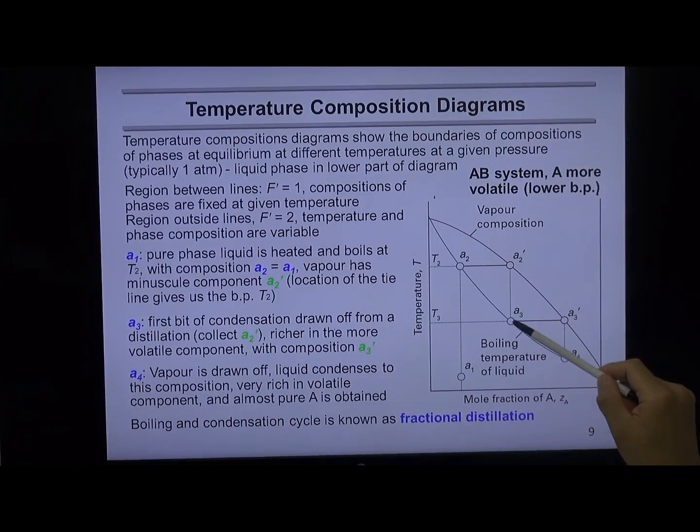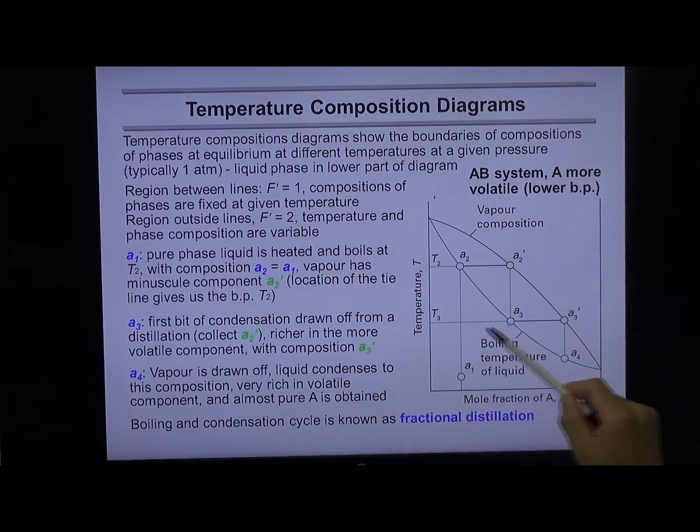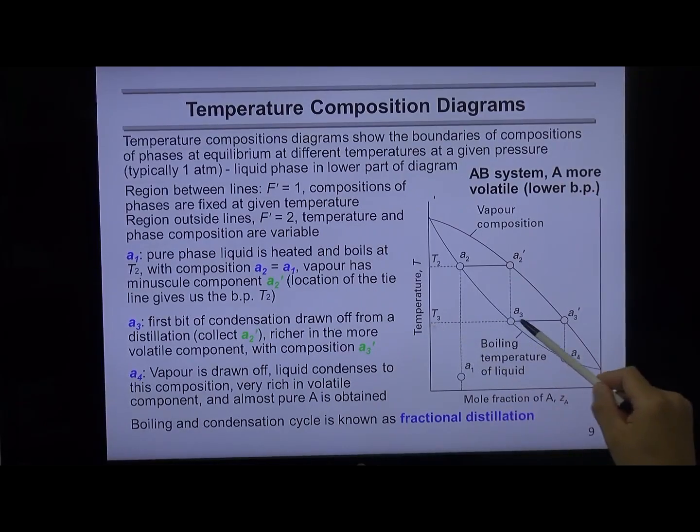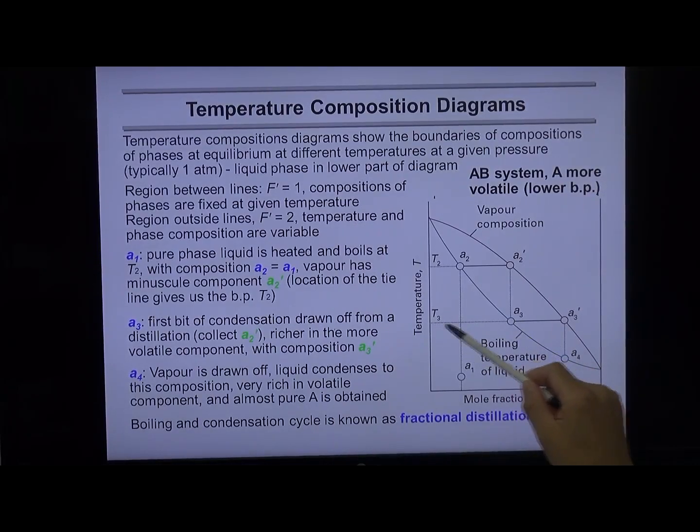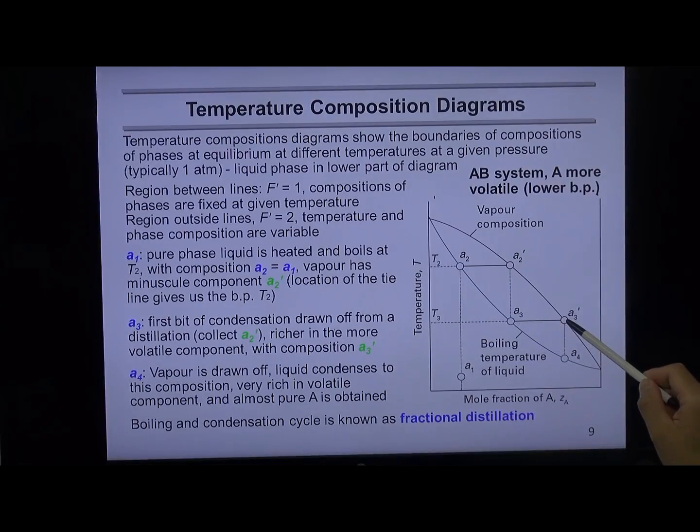And you increase the temperature again. It starts to boil at A3, at T3, right? And at T3, the composition of the vapor is here, A3 prime. And you collect the vapor again, and you condense it. You do it again and again.